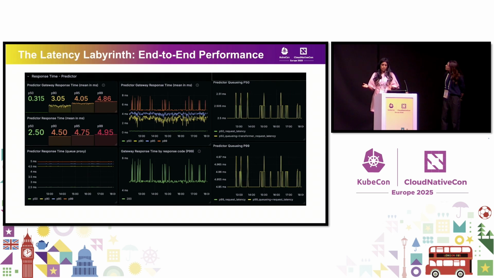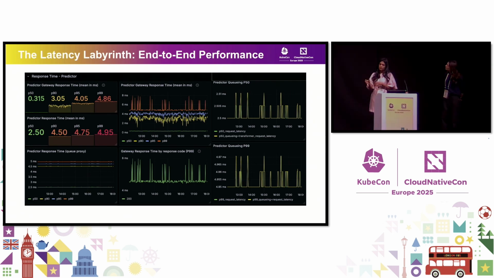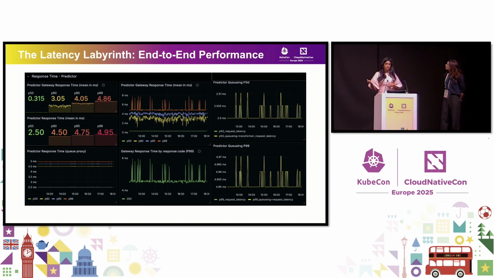Overall, the system is performing well, but these noticeable queuing spikes highlight areas for possible optimization. And finally, all response code latencies are tied to 200 responses, which means we are not seeing any latency inflation due to retries or errors. And that's exactly what we want.